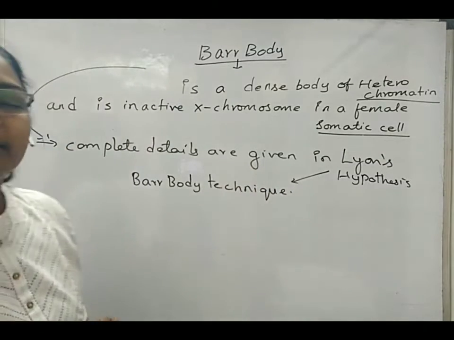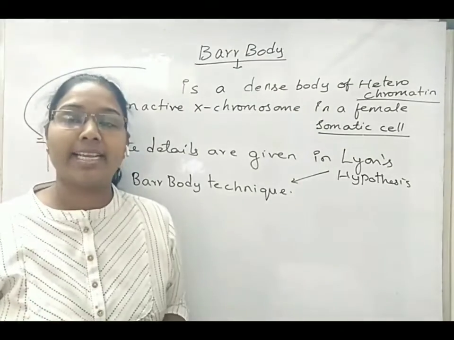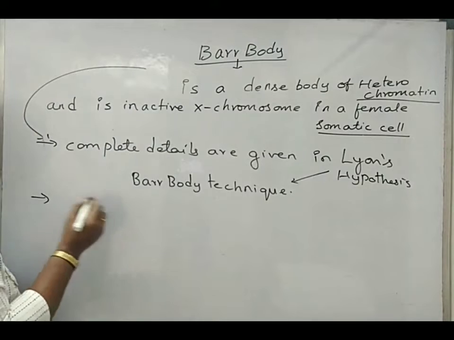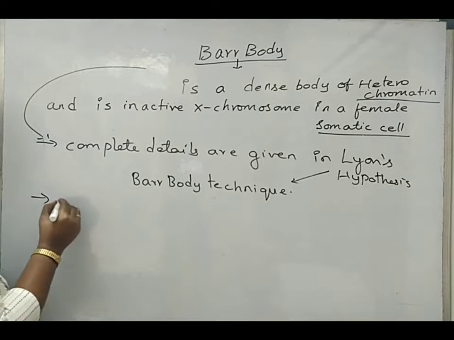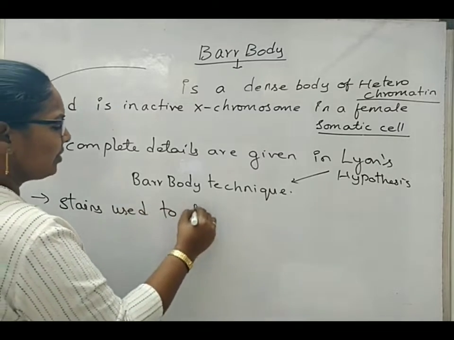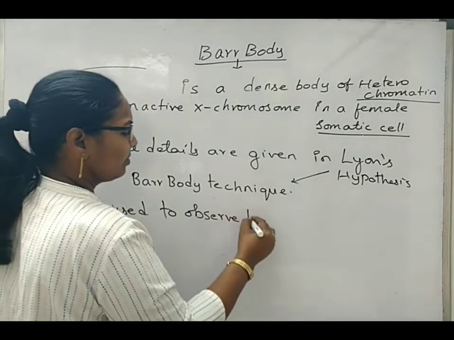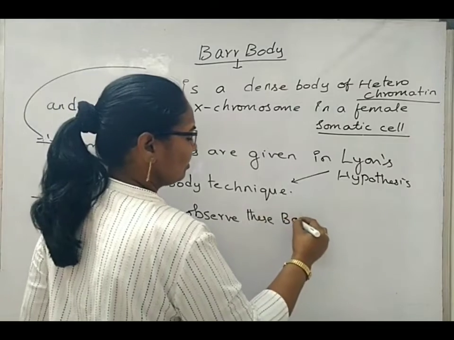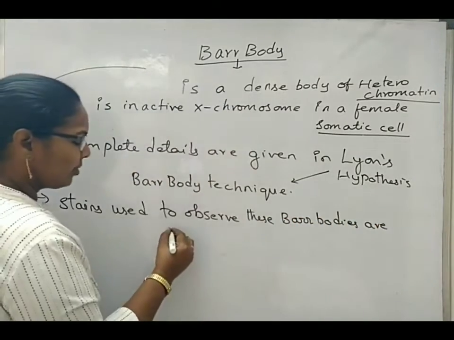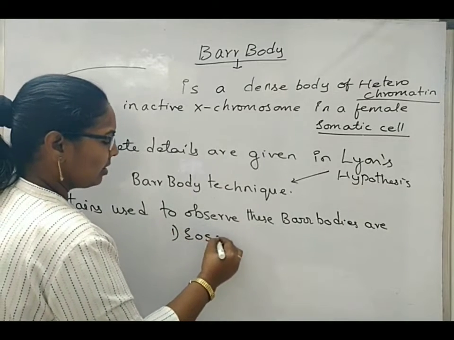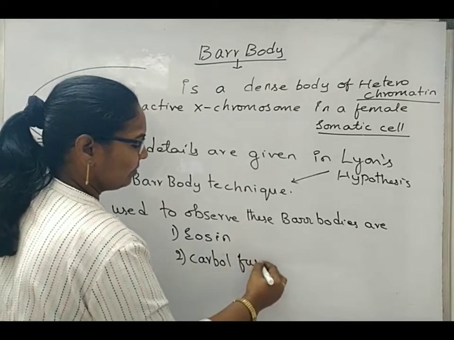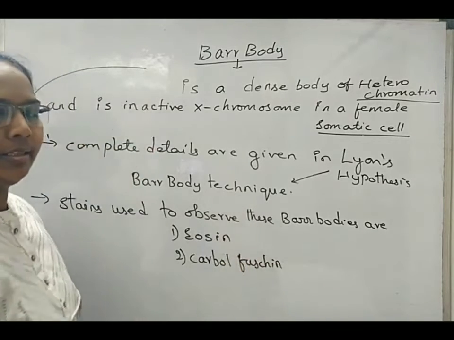Now, these BARR bodies can be observed as densely stained substances when we add different types of stains. We will see just one or two examples. The stains used to observe these BARR bodies: one example is eosin, another example is carbol fuchsin.